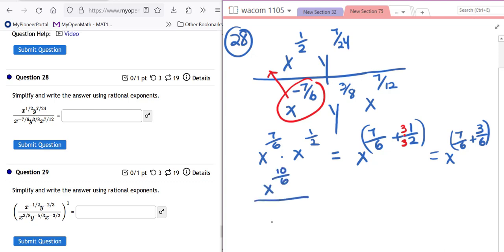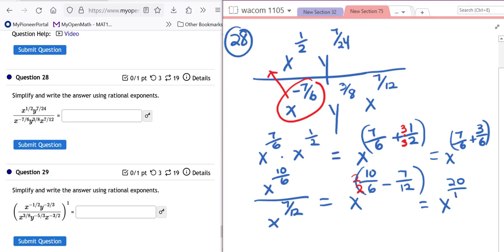All right, I'm just working on the x's right now. X to the 7/12, right? These are like a fraction. Your rule is keep the base and subtract. So 10/6 minus 7/12. You have to have a common denominator. So we're going to need a 2 on here to make a 12. So we have x to the 20/12 minus 7/12.